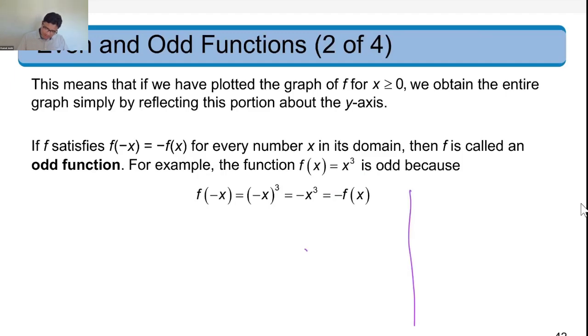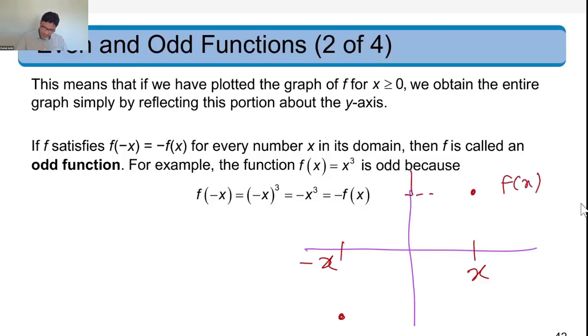Which means, let's do it here, okay? If at x here, the value was here, let me try to be more precise. At negative x here, the value will be here. This output is f of x here.